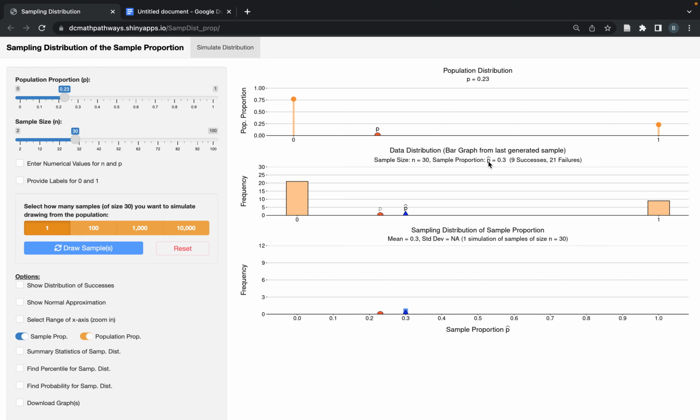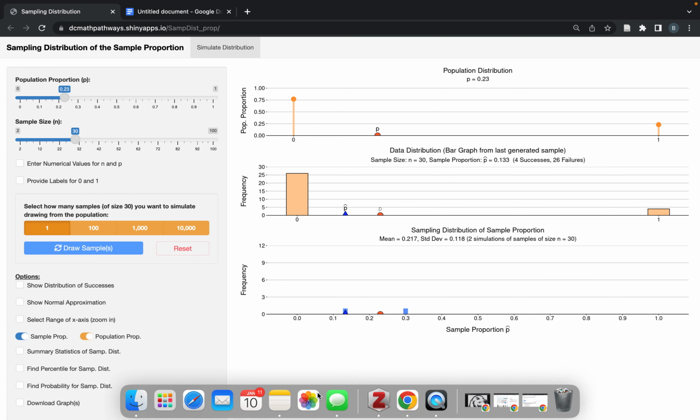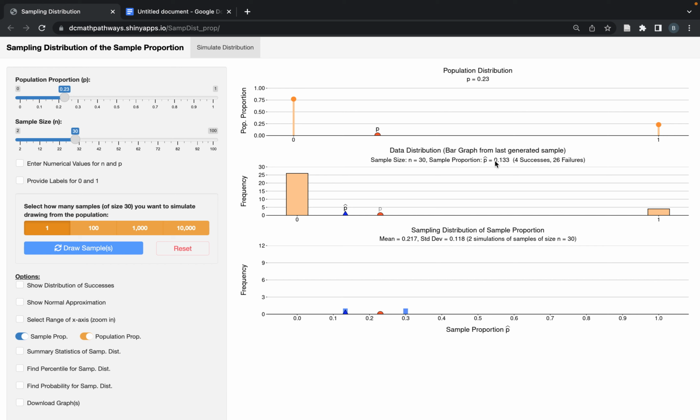So we got a sample proportion of 0.3, which is different than our population proportion of 0.23. And it's different than the one that we talked about earlier. So let's go ahead and take another one and see if that's the same. Now this one, we end up with 0.13. Again, we get a different sample. Each of these samples is going to be different due to the different group of people that we are polling.